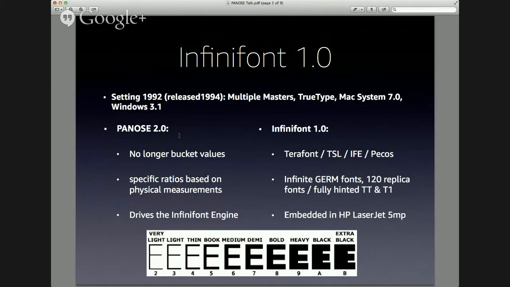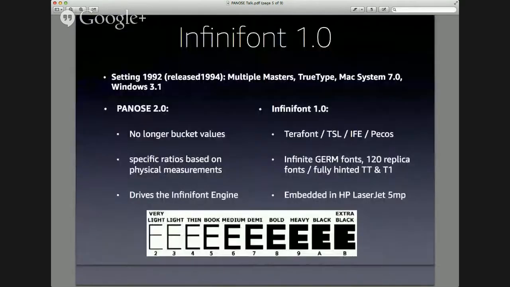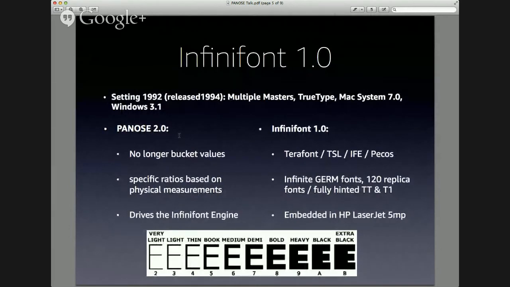And we were eventually embedded in the LaserJet 5P. And the interesting thing there was that this was at a time when RAM was very expensive in a printer. So their 45 faces took up 4 megs of printer RAM, custom burned in ROM chips, and they were about $4 a chip. So they were spending $16 per laser printer just on the ROM, and with ours, we gave them 120 fonts inside 1 megabyte and a much wider character set.